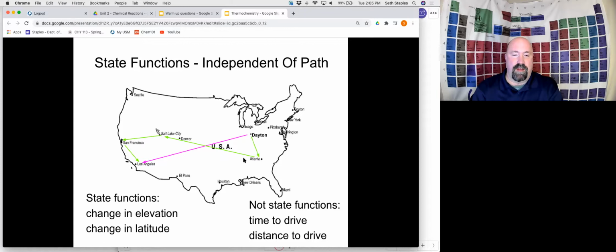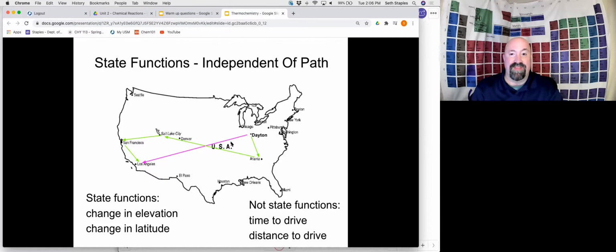You might go to Atlanta, then to Salt Lake City, then to San Francisco, and then finally to Los Angeles. One way to think of this is that as far as the locations are concerned, it's a state function because you still start in Dayton, you still end up in Los Angeles. It doesn't matter how you got there.